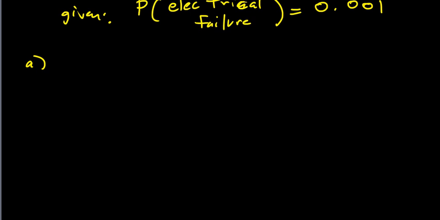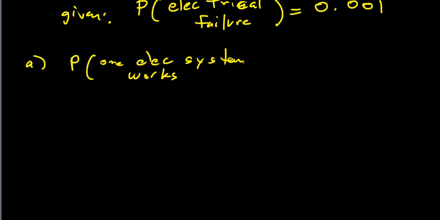Now, part A, you're in a one engine situation. If the engine in an aircraft has one electrical system, what is the probability that it will work? Well, it's going to be by the rule of complements.